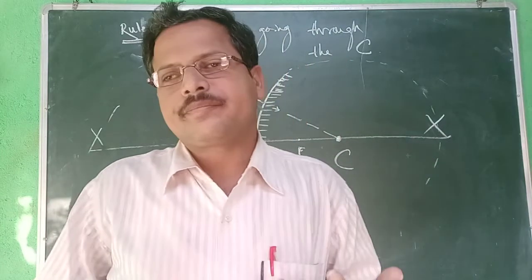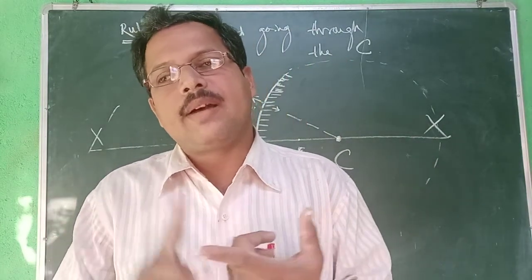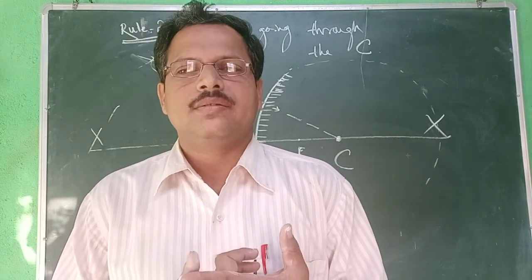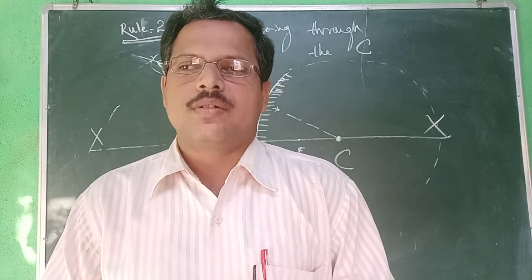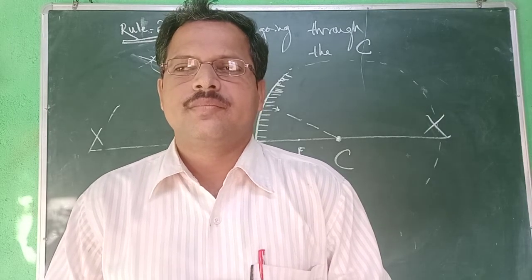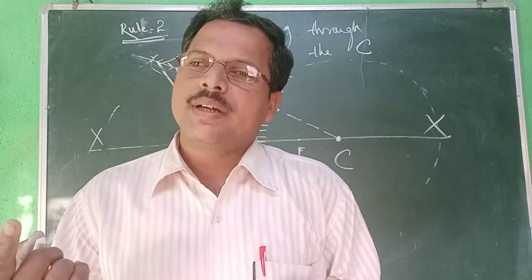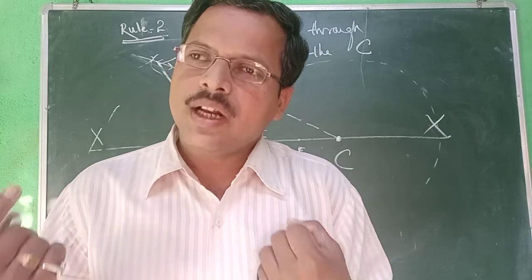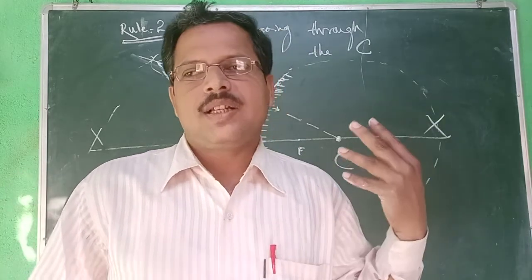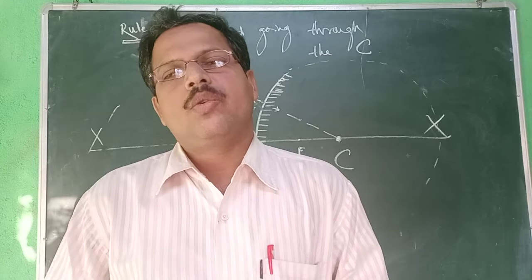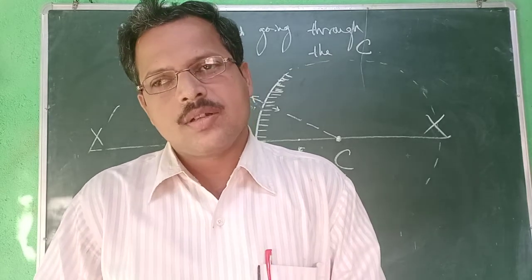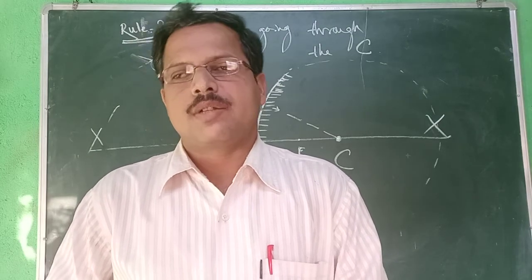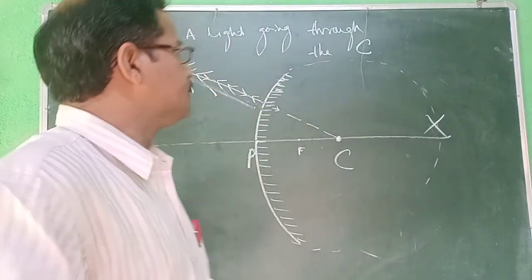Just remind yourself what happens when an incident ray falls through the principal focus. It comes back, or the reflected ray comes parallel to the principal axis. The same happens in the case of a convex mirror also. Okay, this is rule 3.